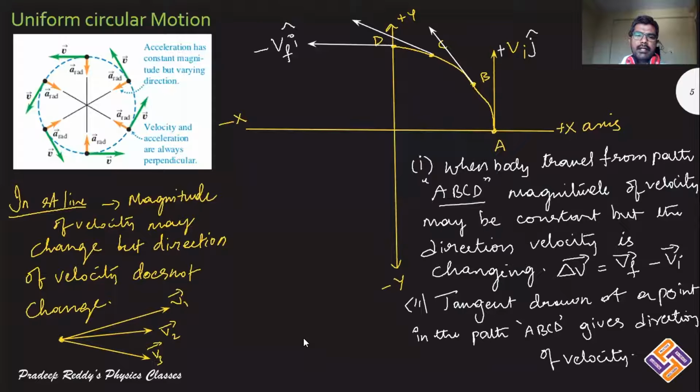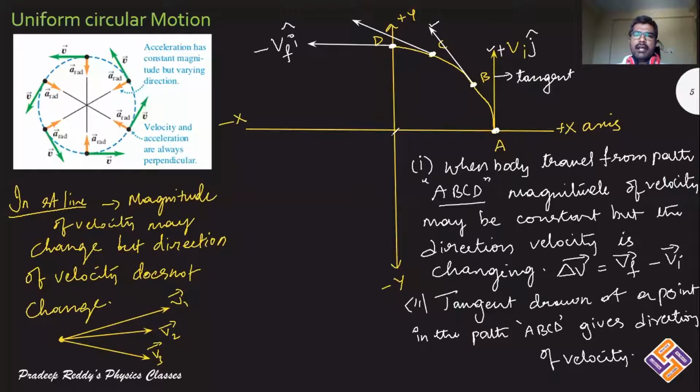Here I have drawn a tangent, here a tangent, at this point, at this point, at this position, at this position I have drawn a tangent. This is a tangent. So the tangent at that particular point gives the direction of velocity.